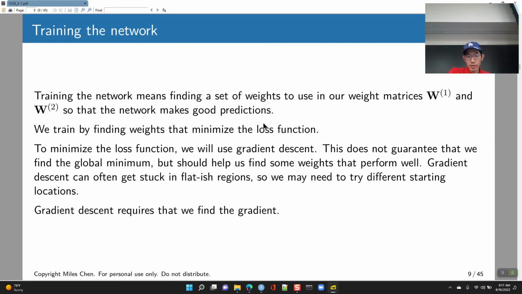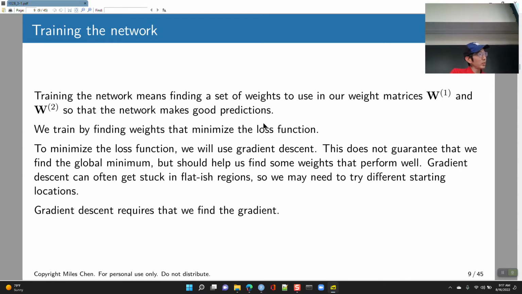It can also get stuck in regions where it becomes flat. If the instructions for gradient descent are just walk downhill, and you hit a flat region, which way is downhill? It becomes confusing, and gradient descent can suffer from that as well.